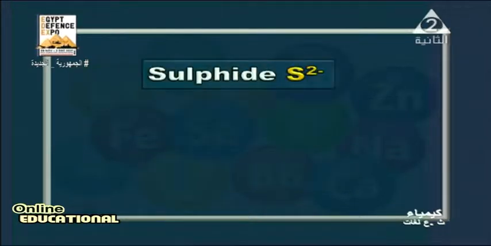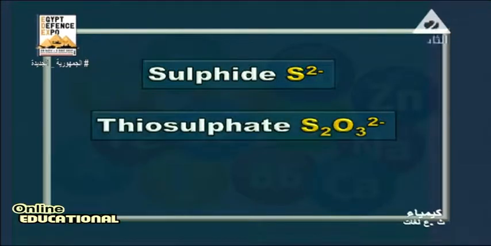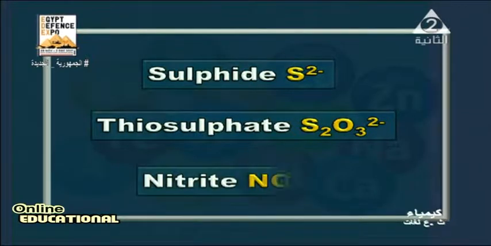Also, sulfide ion, S with negative 2, its valency is 2, and thiosulfate radical, S2O3 with negative 2 charge and valency 2. And the last one of the group detected by dilute hydrochloric acid is nitrite, NO2 negative 1, with valency equal to 1.